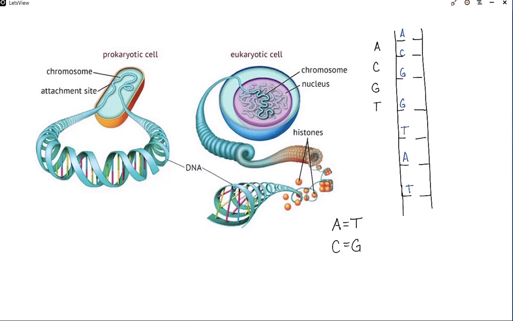So using these base pairing rules, we can actually predict what would be on what is called the complementary strand, the other half. So up here, I have A. So next to it, I would have T based on this set of rules. C would pair with G, G would pair with C, G would pair with C, T would pair with A, A would pair with T, T would pair with A, like so.